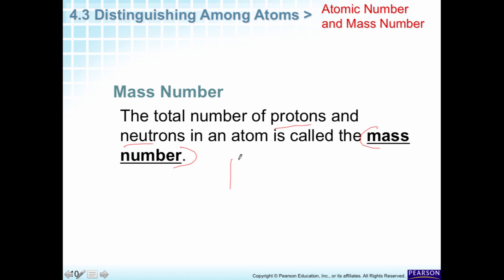So for instance, helium had atomic number of 2, or 2 protons, and 2 neutrons. So we add them together, so its mass number is 4. Okay?